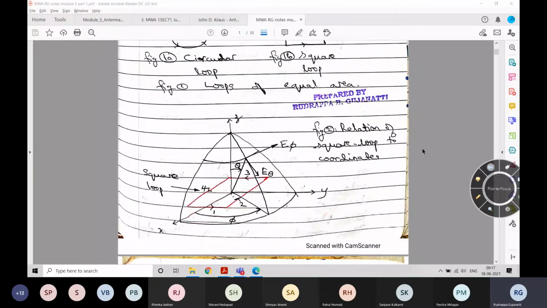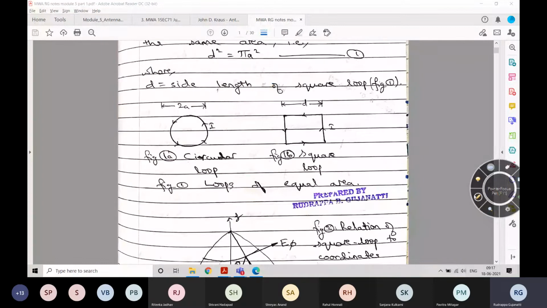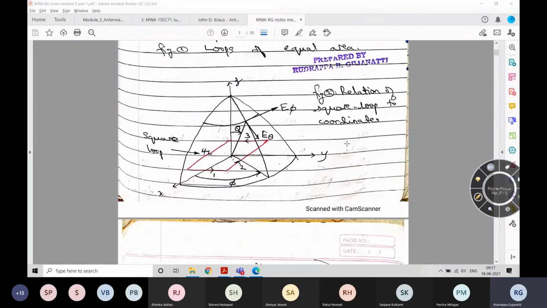And we had observed that the circular loop can be represented in the square loop form. We can consider these sides as dipoles, and based on that, we estimated the field. This is the orientation we were considering.